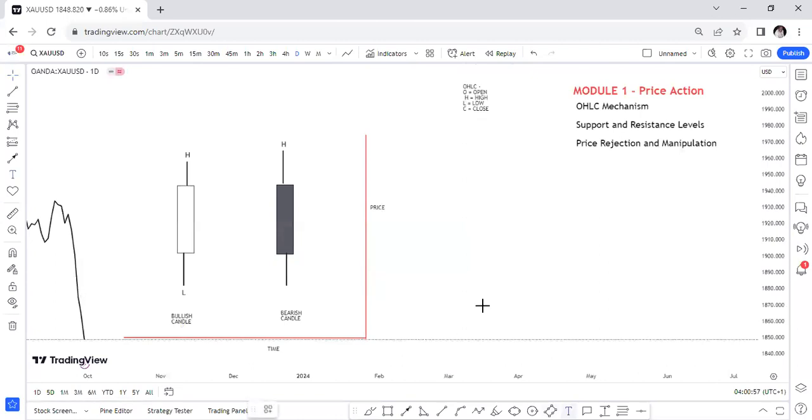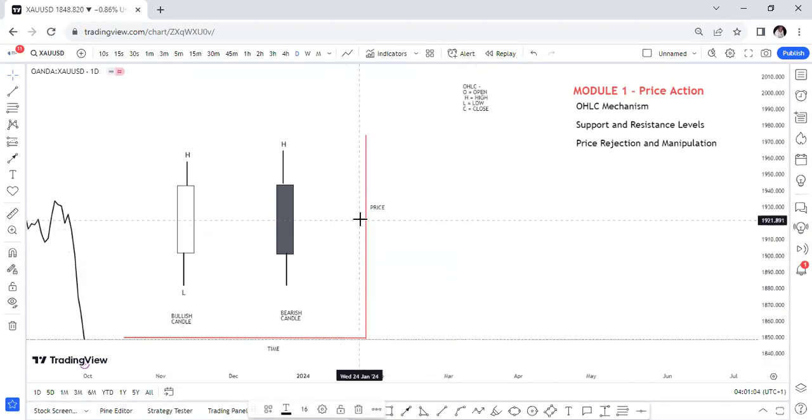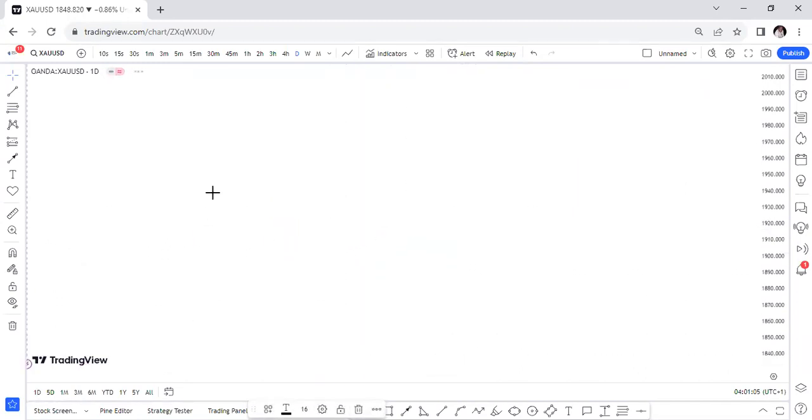We are not shown this when we are coming up.